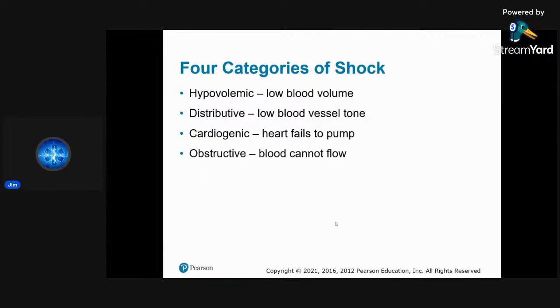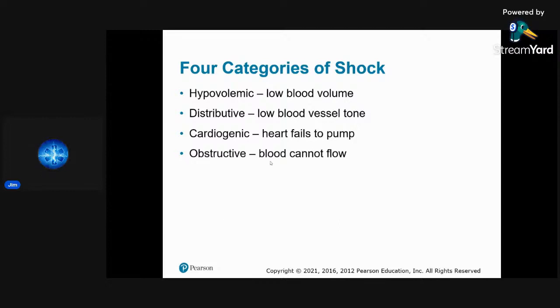There are four categories of shock. We have hypovolemic, which is low blood volume, either through blood loss or dehydration. There's distributive shock, which is low blood vessel tone, like septic shock and anaphylaxis, or allergic reaction. Cardiogenic shock is when for some reason the heart failed, a lot of times either trauma or a disease process like an MI or heart attack.